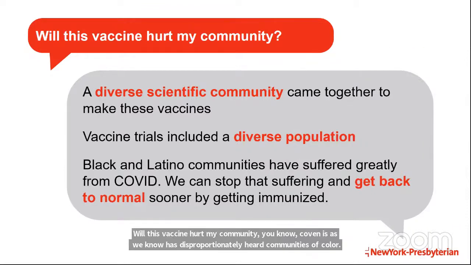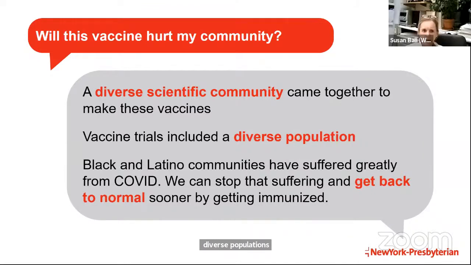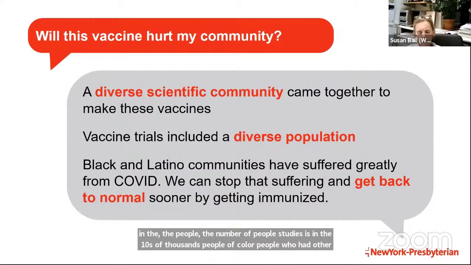They really took a very diverse population to study, so the feeling is that these vaccines are safe and effective for all kinds of people in all kinds of communities. And really, we are recommending that everybody get a vaccine if you have the opportunity to.